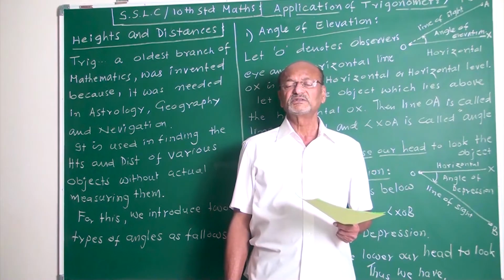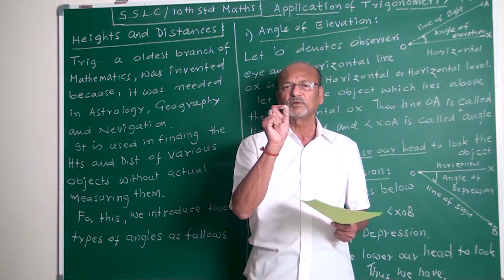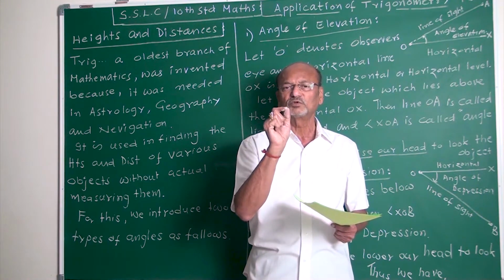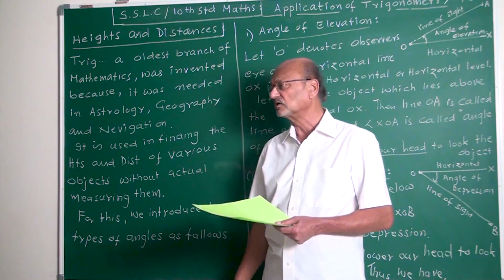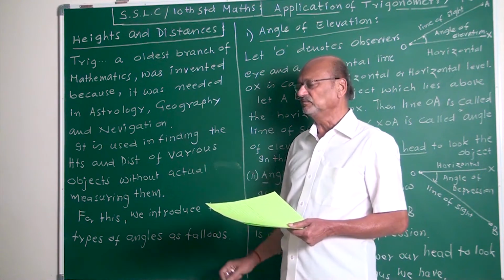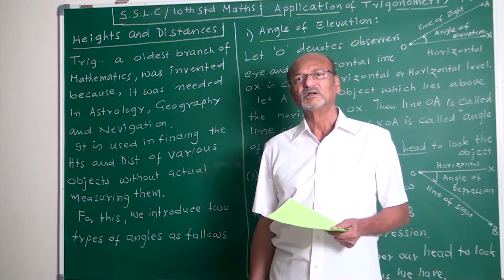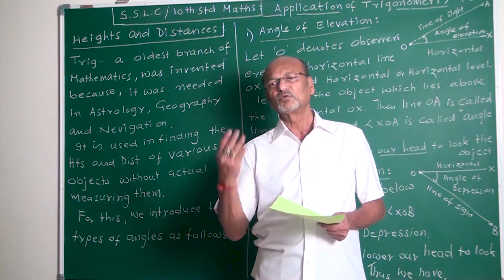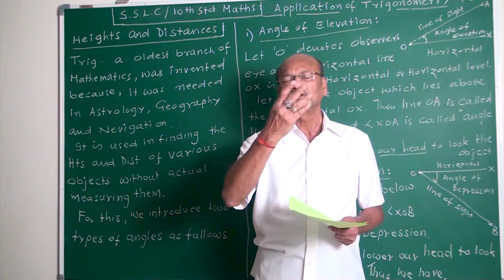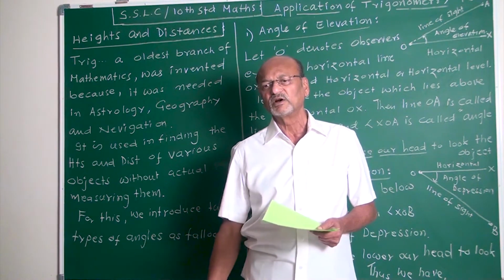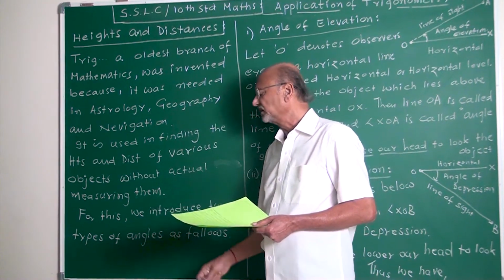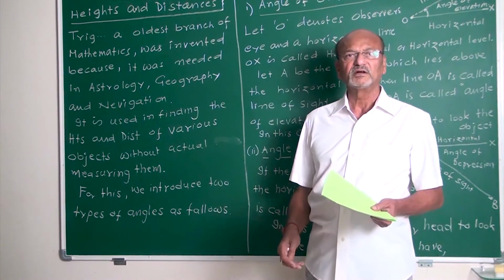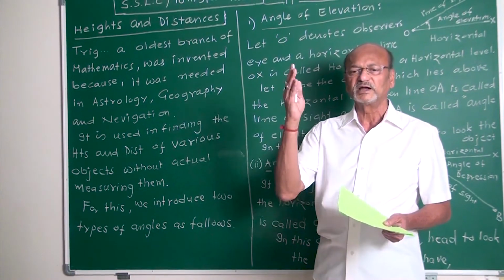The very purpose of introducing trigonometry to mathematics is to help these people. Astrologers wanted the distance from the earth to the different planets. Navigators wanted the distance between 2 ships, the height of a ship.